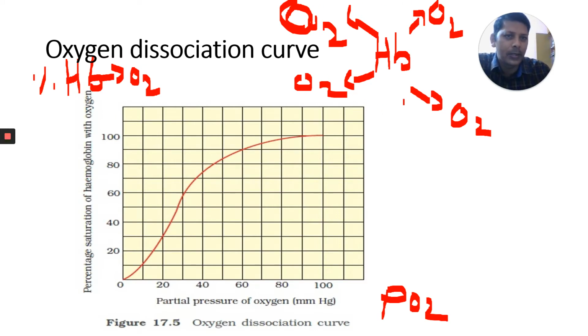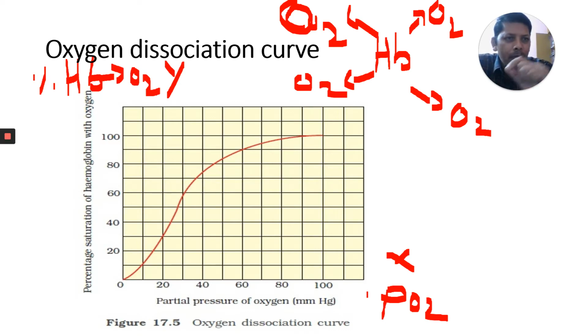On the y-axis we take the percentage saturation of hemoglobin with oxygen, and on the x-axis we take the partial pressure of oxygen. What is meant by partial pressure? I explained that term in the previous part. The pressure contributed by each gas in a mixture of gases is called partial pressure.